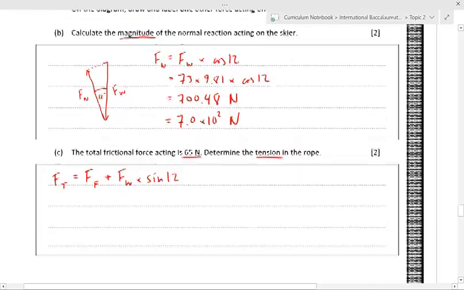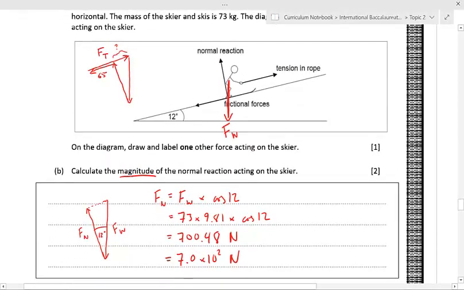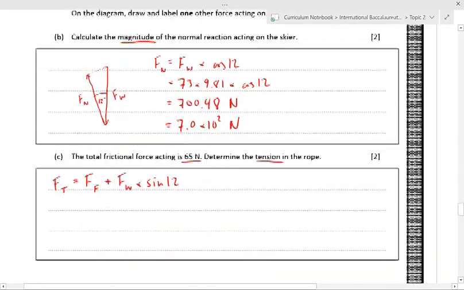Let's go back up to the diagram. This little bit here, if this is 12 degrees and this is F weight, that little bit is the opposite side of the triangle. So that divided by the weight should be sine of 12. So the weight times sine of 12 should be that little bit.